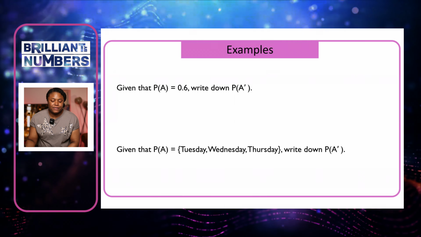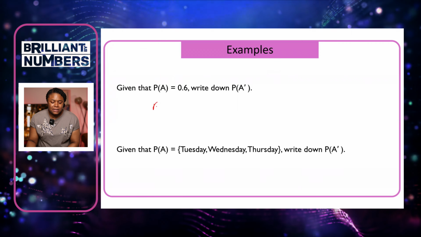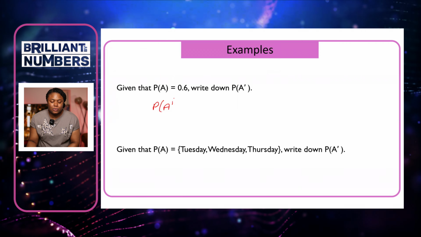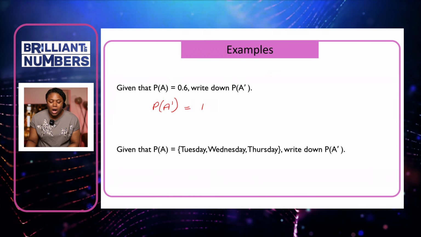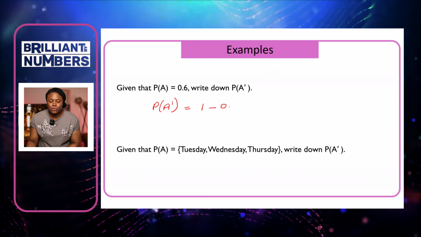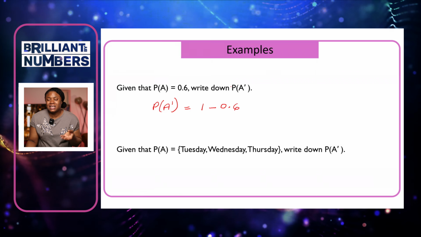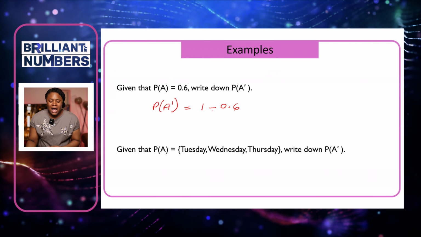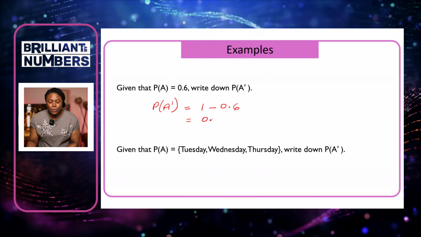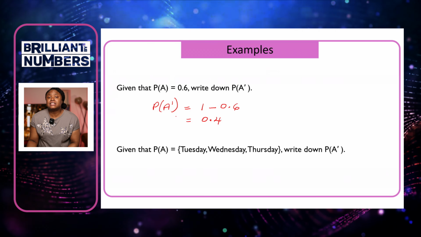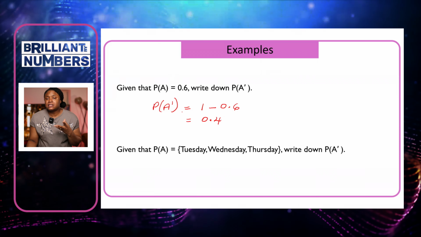So if the probability of A is 0.6, the probability of A complement, which is A not happening, would be equal to 1 take away 0.6. We can look at this as 100 take away 60, which is 40, and then write that as a decimal. This gives us 0.4. So the probability of A complement or A not happening is 0.4.